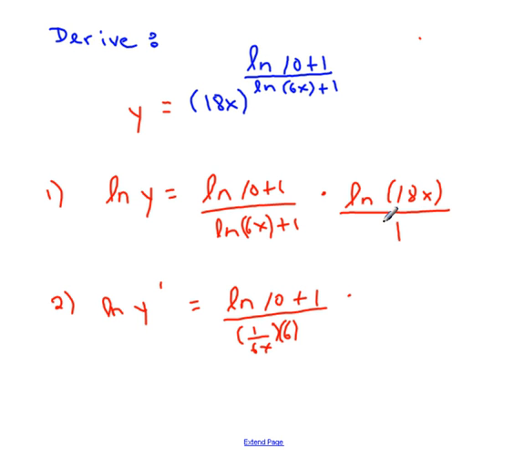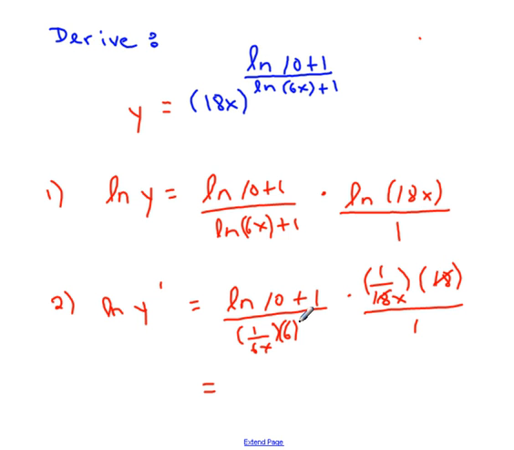And this is all multiplied by ln 18x, same thing as ln 6x. We will get 1 over 18x, brackets, multiplied by 18. And your denominator is 1. So what's going to happen here? Essentially, you'll be able to cancel out a few things.